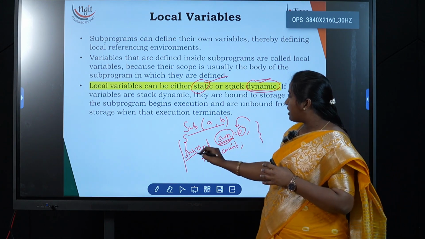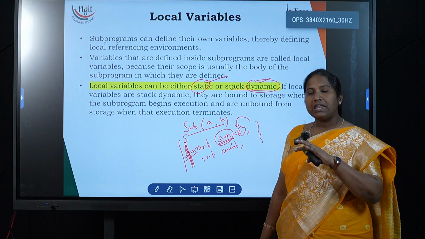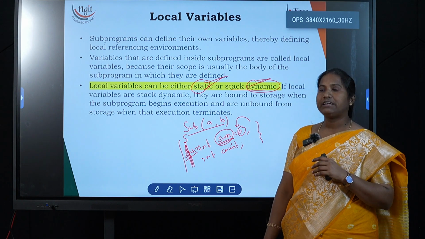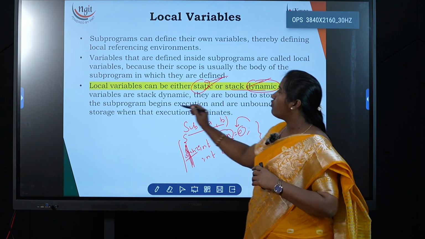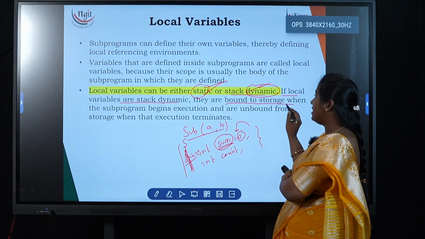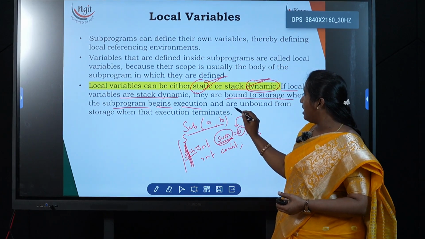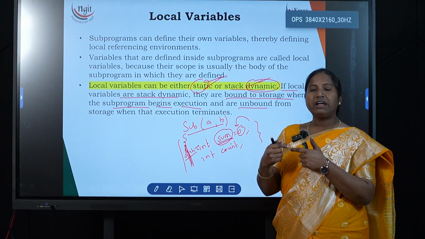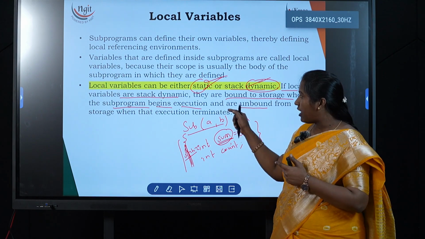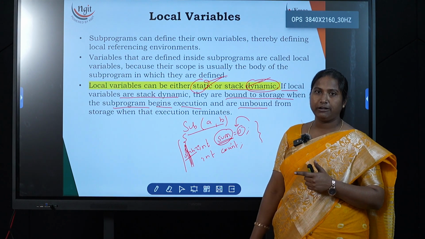Finally, the local variables you defined inside of the subprogram can belong either to static or to stack dynamic. And if local variables are stack dynamic, they are bound to storage when the subprogram begins execution, and they get deallocated, or else they are unbound from the storage when the subprogram is terminated.